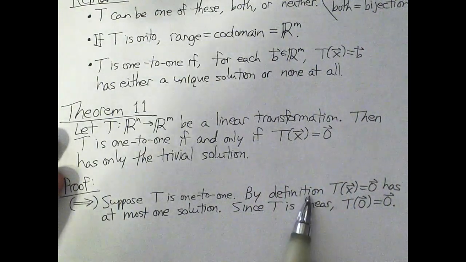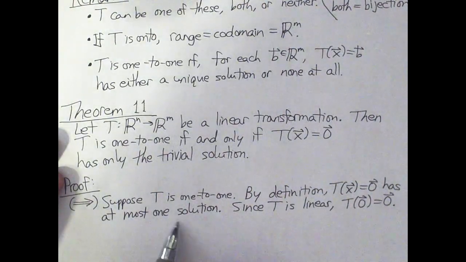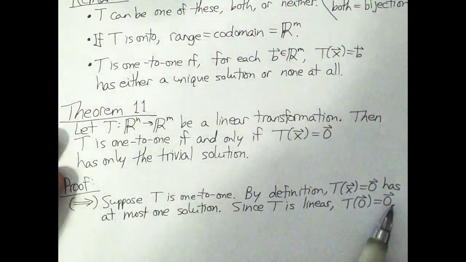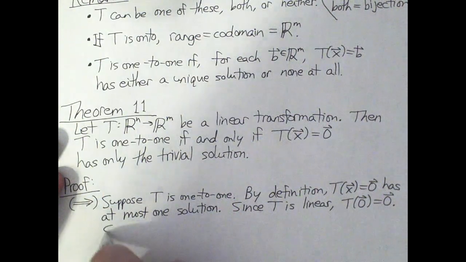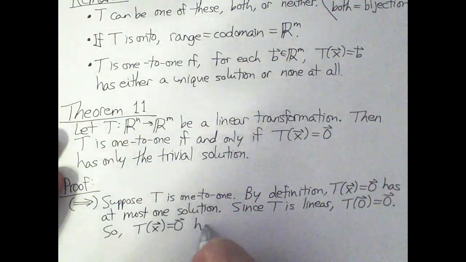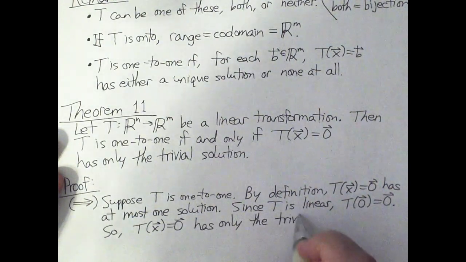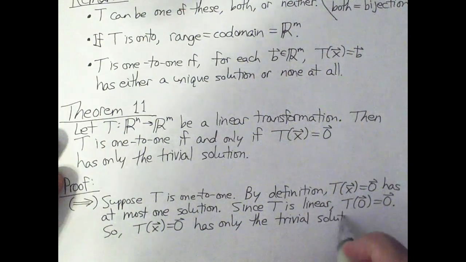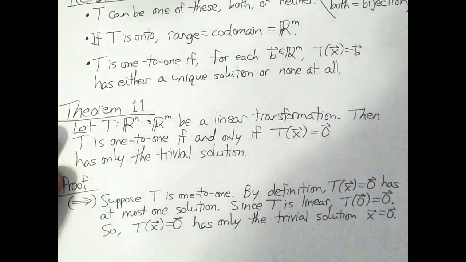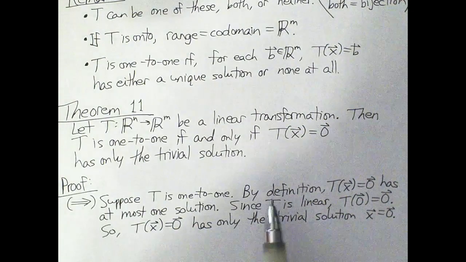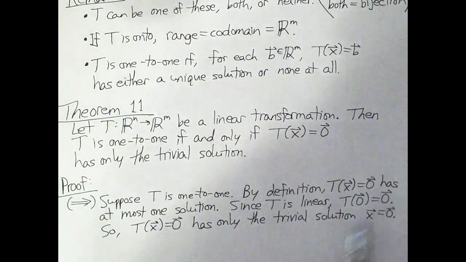Well, by definition, there's at most one solution, and 0 is a solution. So T of x equals 0 has only the trivial solution. Makes sense, right? We used a combination of the definition of one-to-one and this property of T being linear.